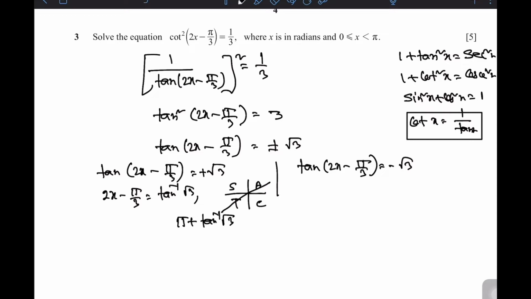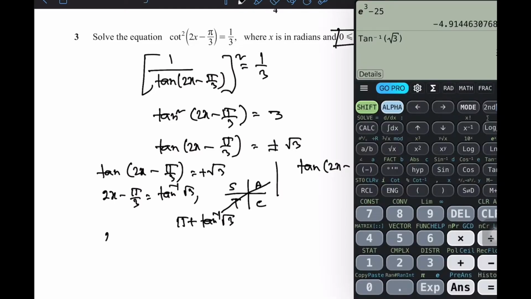And if you wish you can go further, but I think it's not necessary here, since our range is given as 0 less than or equal to x less than or equal to pi. So 2x minus pi by 3 equals pi by 3, or pi plus pi by 3. If I solve the first, 2x minus pi by 3 equals pi by 3, so 2x equals pi by 3 plus pi by 3, that means 2 pi by 3.